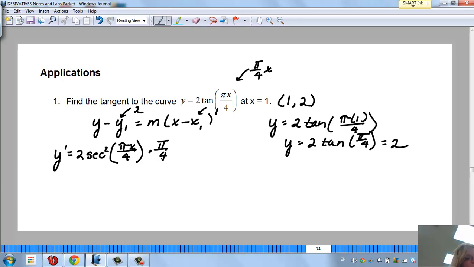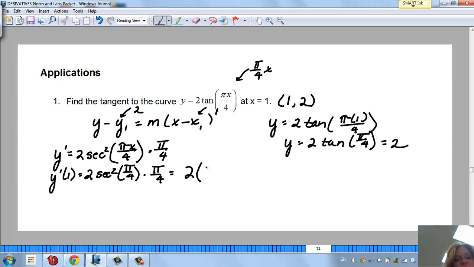So when I go to do this, I want to do y prime of 1 because I want to know what the slope is at 1, so I can put that in my formula. I do 2 secant squared, and if I put a 1 in here, it's going to just be pi over 4, times pi over 4, which equals 2 times, and the secant of pi over 4 is going to be the same as 1 over the cosine, and cosine of pi over 4 is radical 2 over 2.